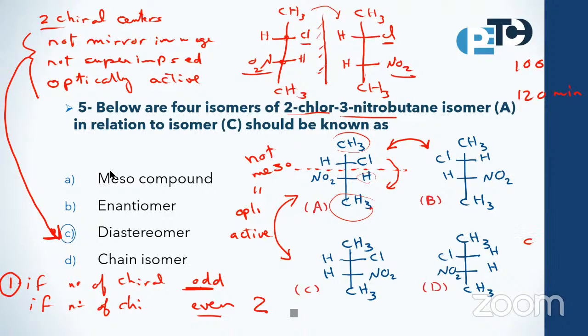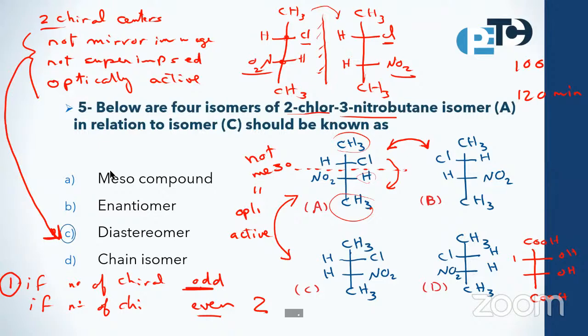COOH, COOH. Okay. Here we have OH here and OH here. This is the tartaric acid. Okay. What about this tartaric acid? You'll find that we have 2 chiral centers.